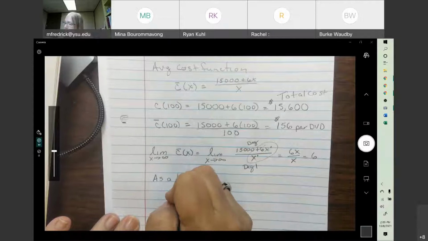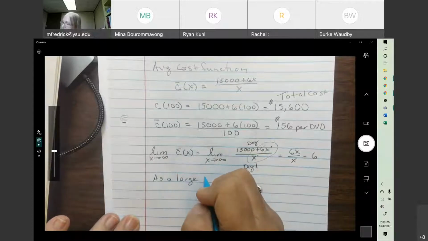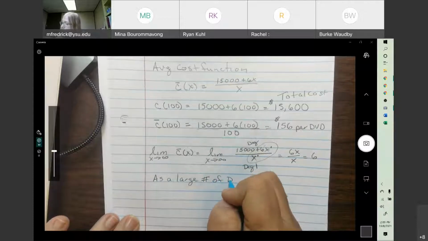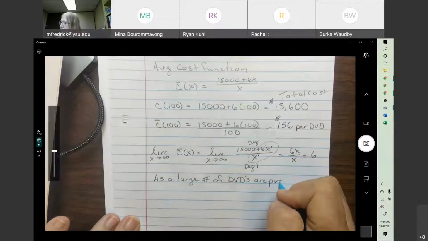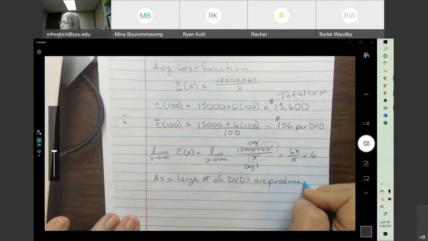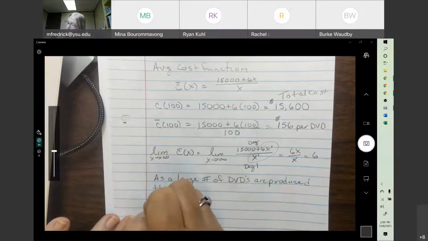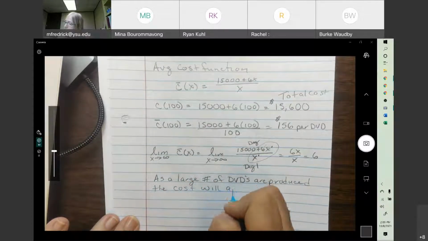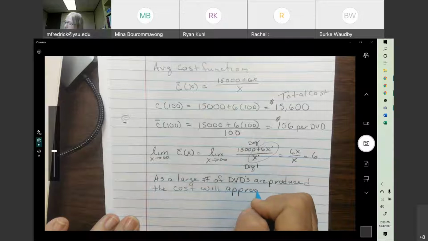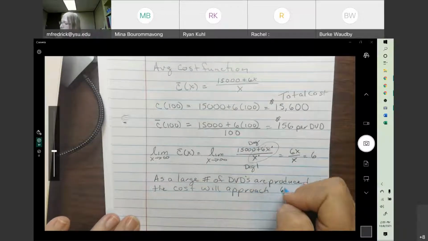As a large number of DVDs are produced, the cost will approach $6 each.